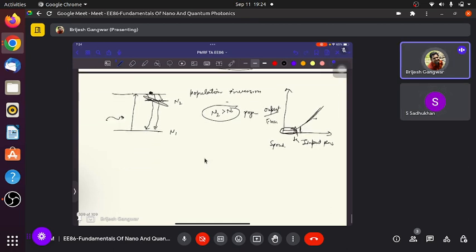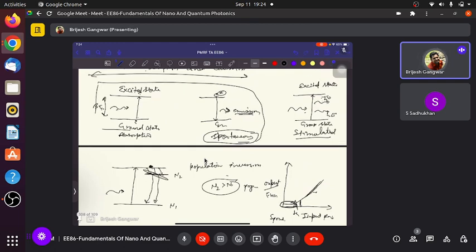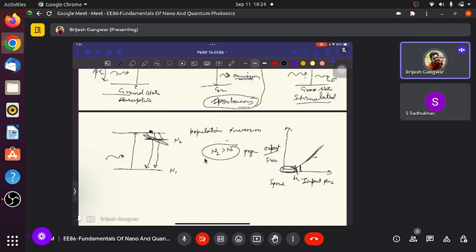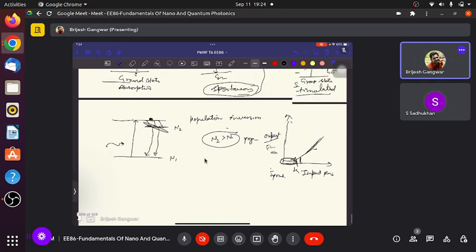This is something basic about stimulated emission and spontaneous emission. All these emissions can be explained by the coefficients given by Einstein, called Einstein coefficients.